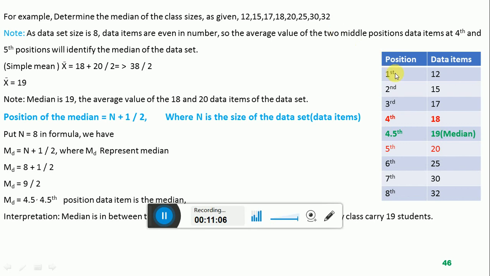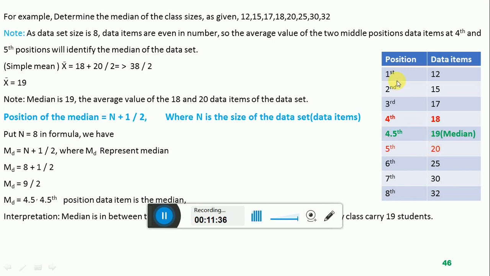We can check from the table. The first column defines the positions of the data items, and the second column defines the values of the data items. This is the fourth position data item, which is 18, represented in red. This is the fifth position data item, which is 20. These two data items, the fourth and fifth position data items, 18 and 20 respectively, are in the middle of the data set.